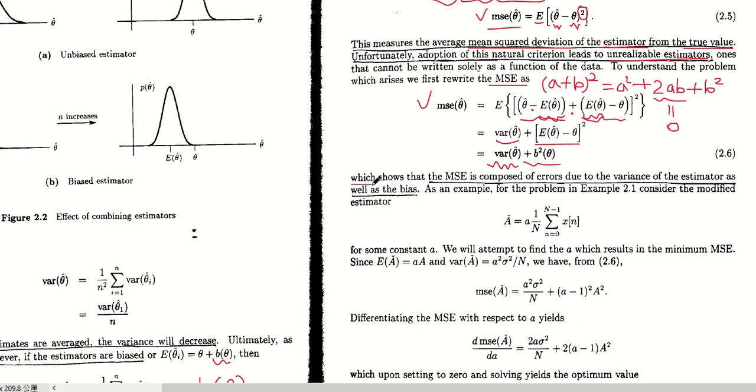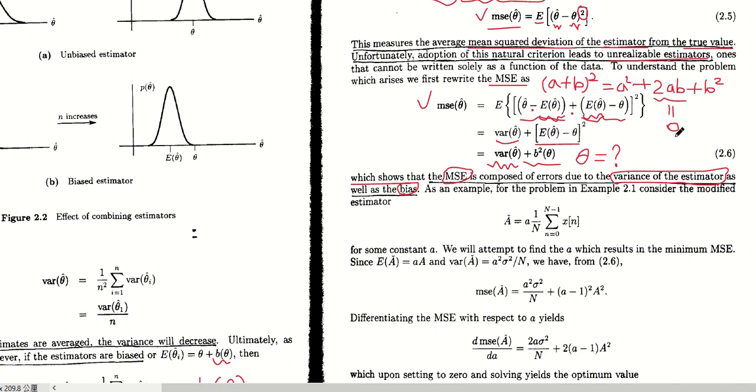It shows that the MSE is composed of errors due to the variance of the estimator as well as the bias. And the bias depends on theta, but theta by definition is supposed to be unknown, right?